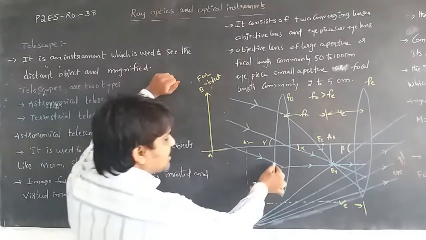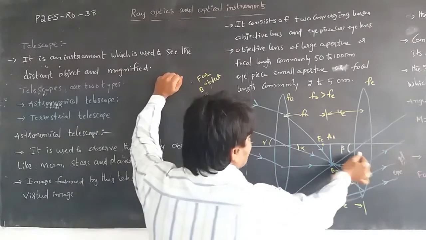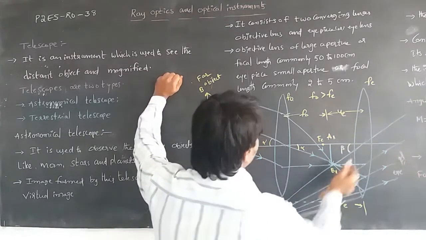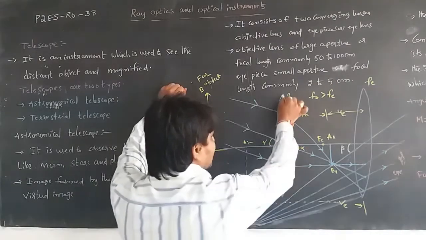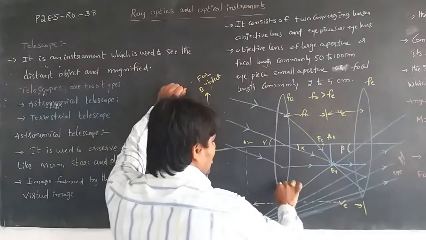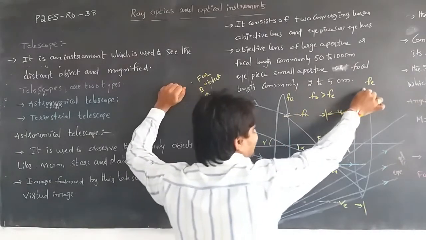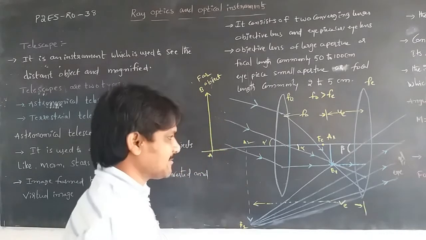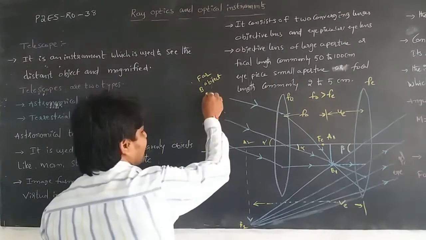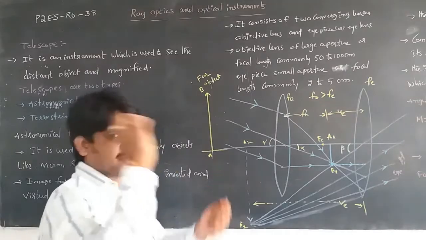The astronomical telescope consists of two converging lenses. The lens on the object side is called the objective lens, and the lens on the eye side is called the eye lens or eyepiece. There is a far, distant object.